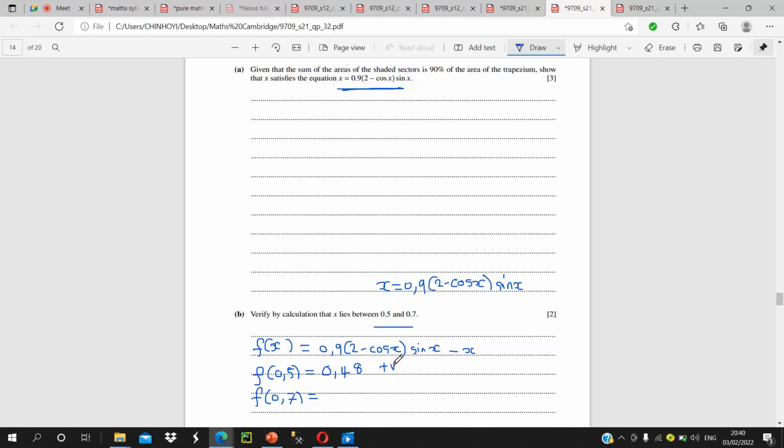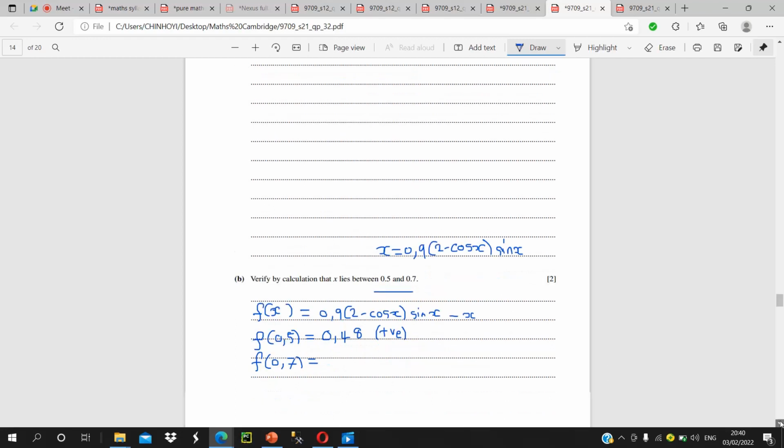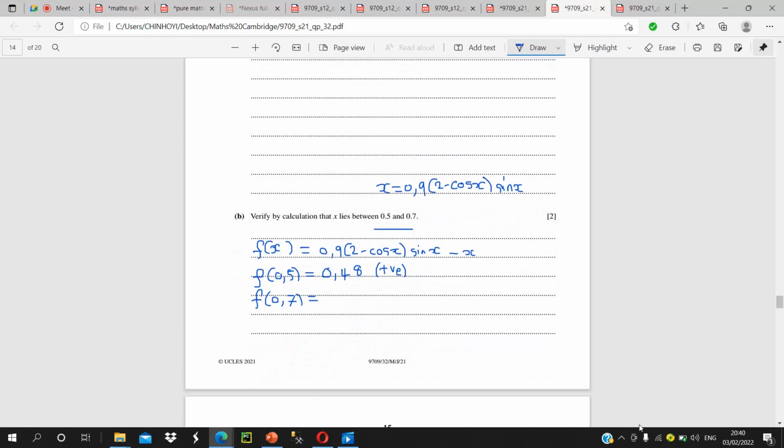Yes. For 0.7, 0.72. Do we have all positives? Yes. Is your calculator in radians?